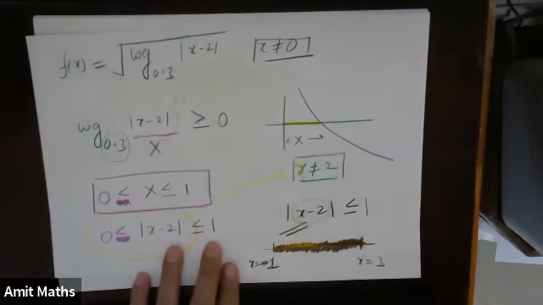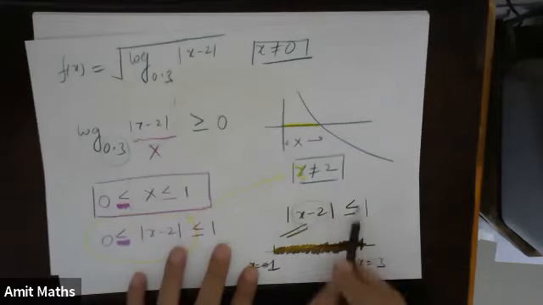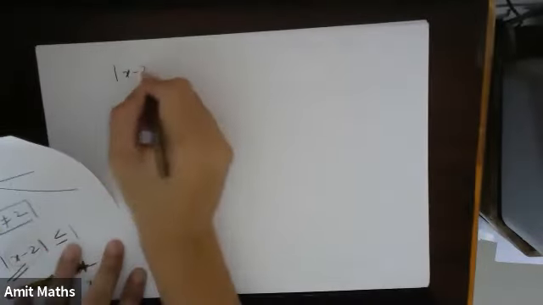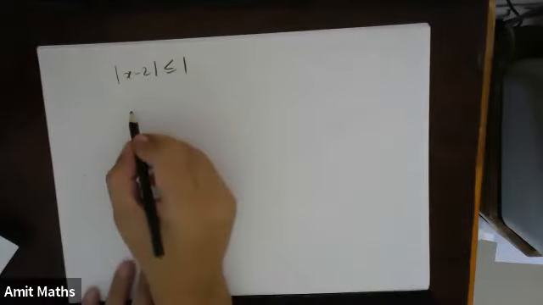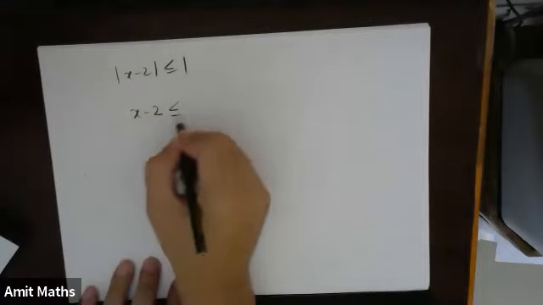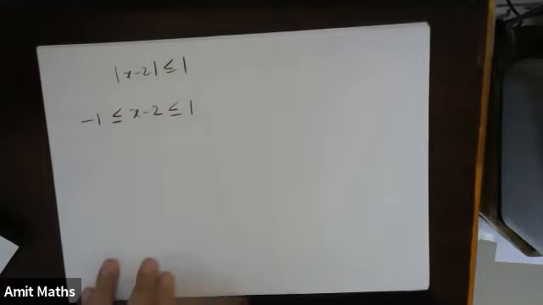One more thing which I can do is, this whole part is less than or equal to 1. Mod of x minus 2 is less than or equal to 1. So that means x minus 2 should be less than or equal to 1 and x minus 2 should be greater than or equal to minus 1.